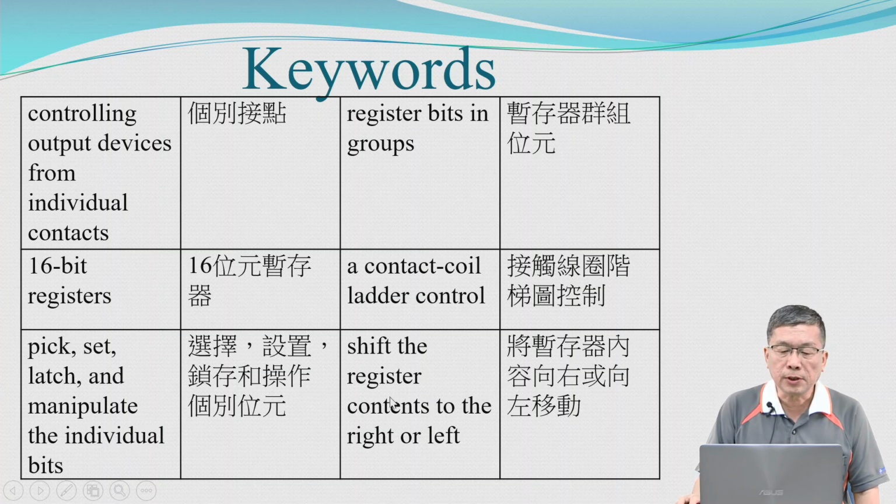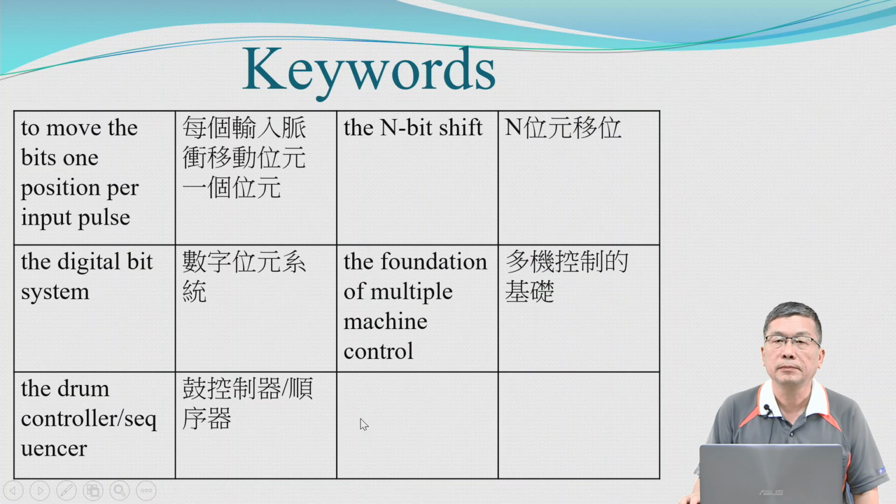Shift the register contents to the right or left, to move the bits one position per input pulse. The n-bit shift. The digital bit system is the foundation of multiple machine control. The drum controller sequencer.